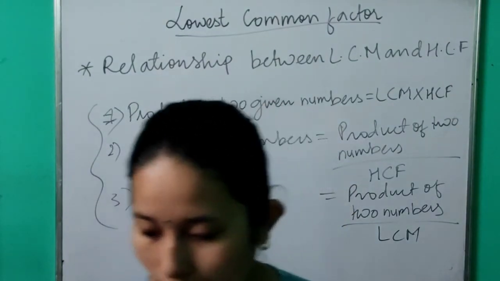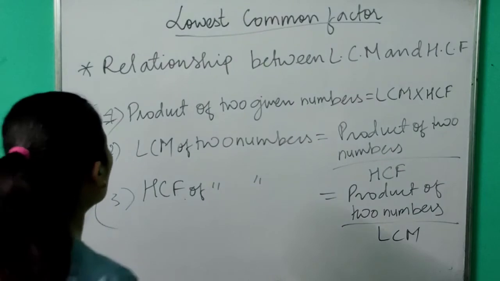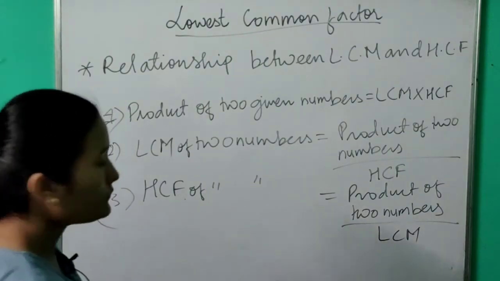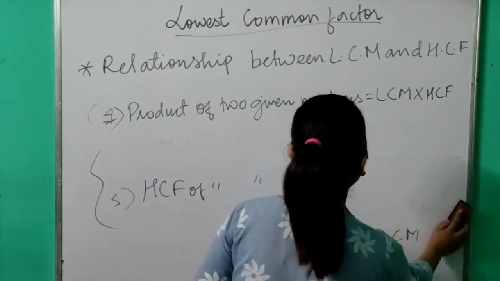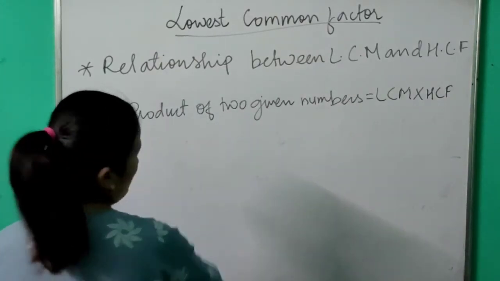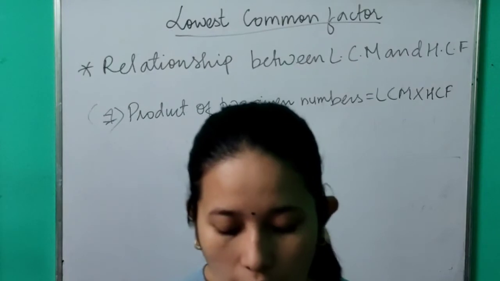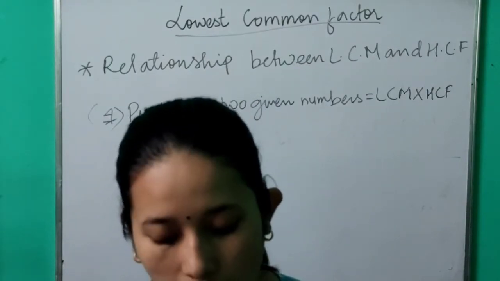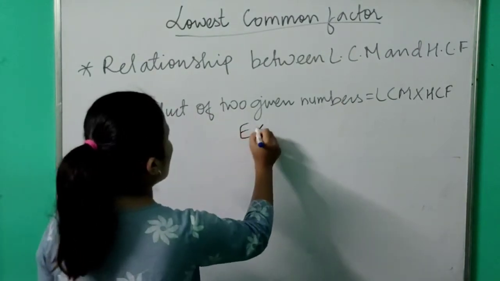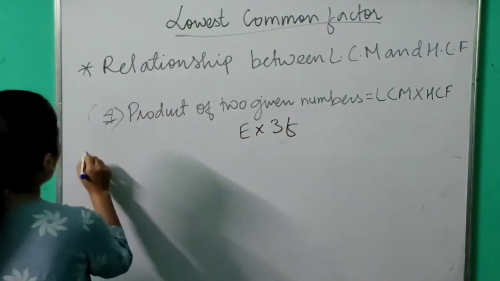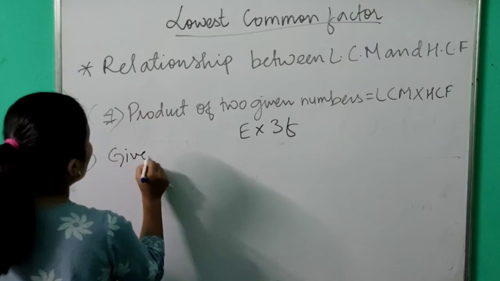So everyone go to exercise 3F, question number 1. Now what does question number 1 tell you? The product of two numbers is 96. If their HCF is 4, find the LCM. According to the question, what is given?